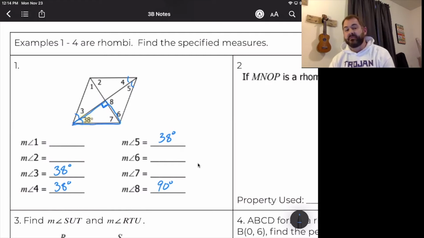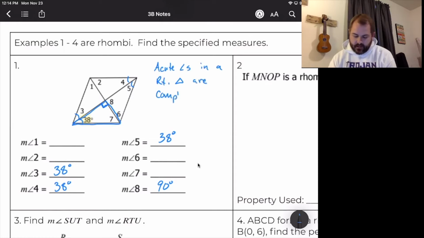You might remember from the previous lesson that the acute angles in a right triangle are complementary, which means they add up to 90 degrees. So in order to find the measure of angle 7 here, we're going to do 90 minus 38. And when I do 90 minus 38, that gets me 52 degrees.